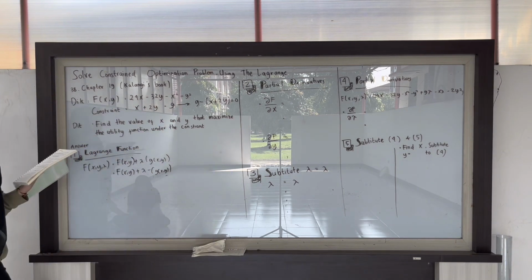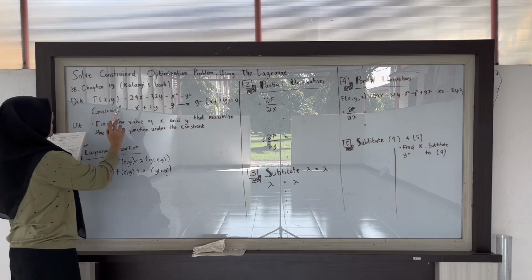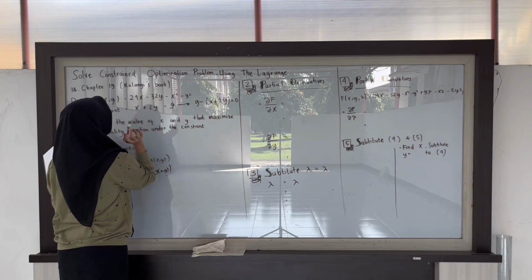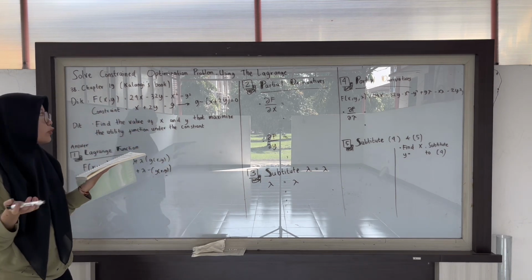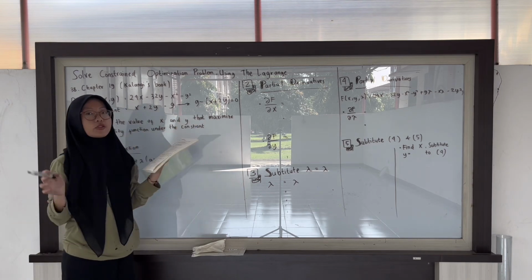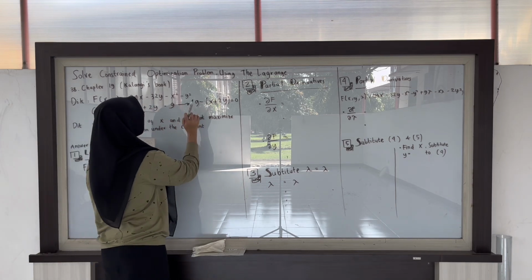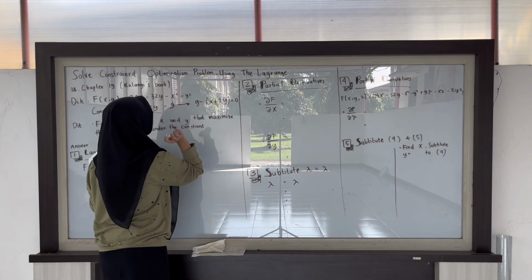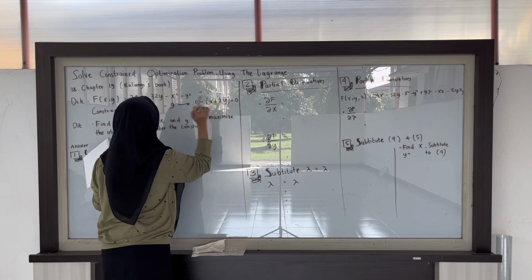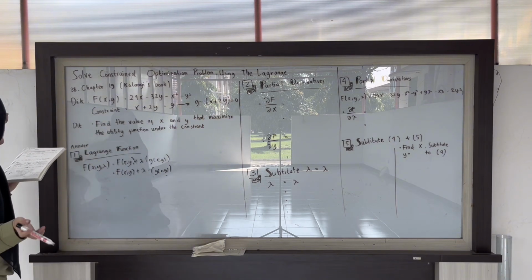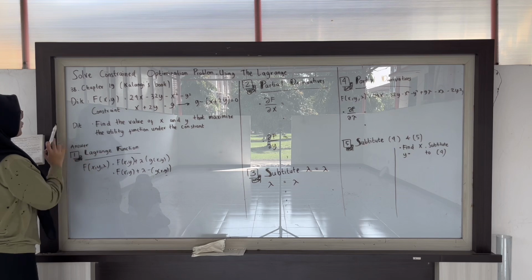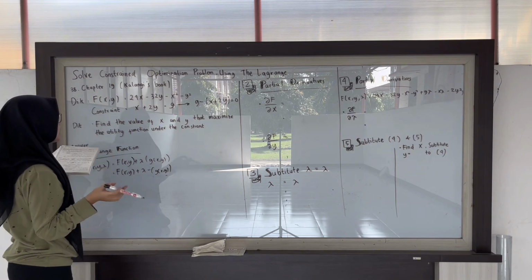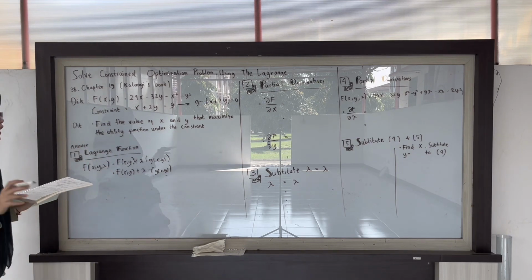And there is also a constraint, x plus 2y equals 9. We can rewrite it by setting it to 0: 9 minus x minus 2y equals 0. The question is to find the values of x and y that maximize the function under the constraint.